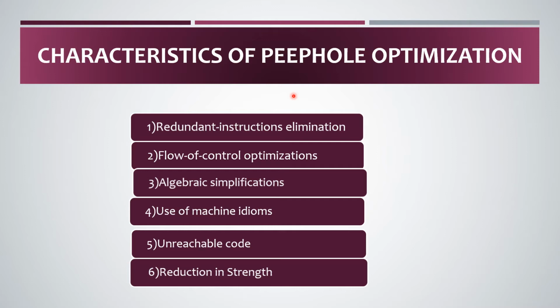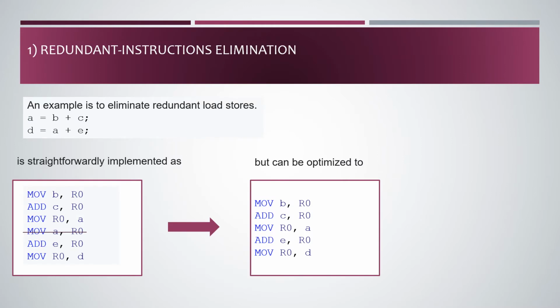Let us see them one by one with an example. So the first characteristic of peephole optimization is redundant instruction elimination. Here is an example of two expressions, a equals b plus c and d equals a plus e.